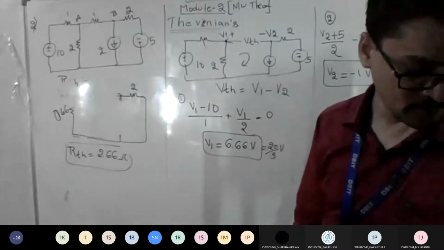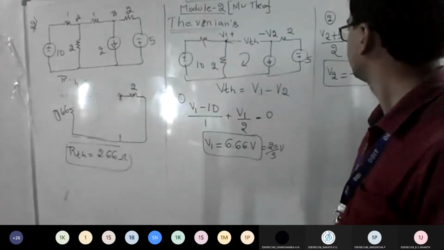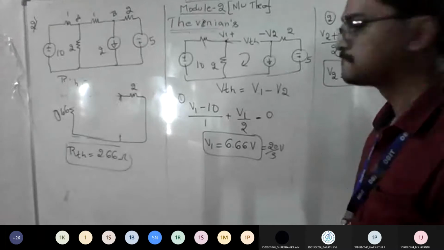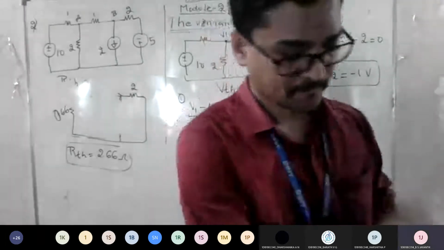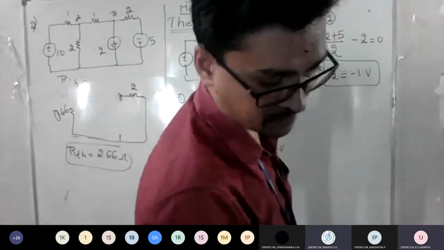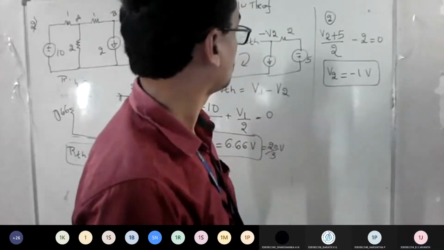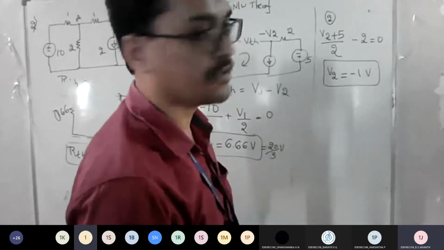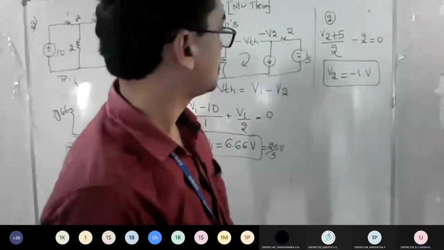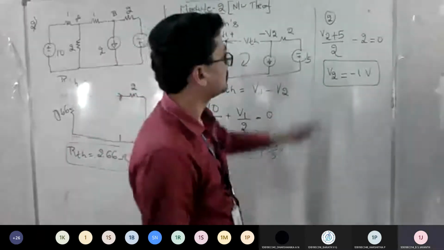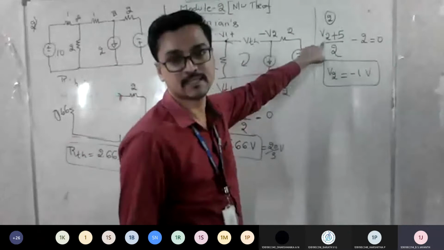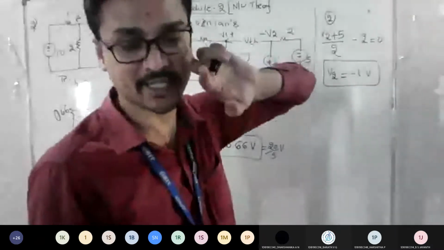Is it 1 volt or 9 volt here? Sir, the current should be taken to the RHS, no, sir? That's what I mean, the constant. You simplify this. How much will you get? Is it 1 or 9? Just check.